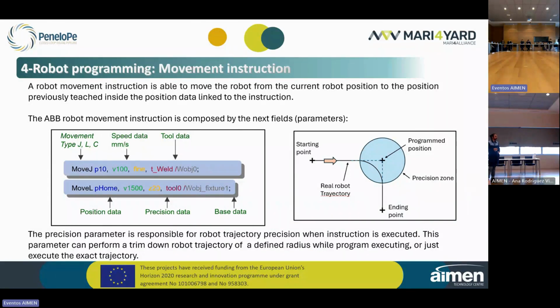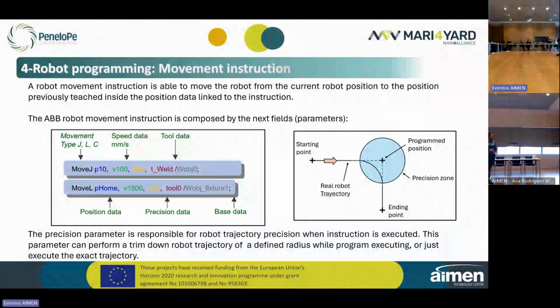these are ABB movement instructions. The first is always the name. And afterwards, we can follow with the different parameters. For example, for this movement instruction, we have the following parameters. The first one is which point we want to move the robot to.